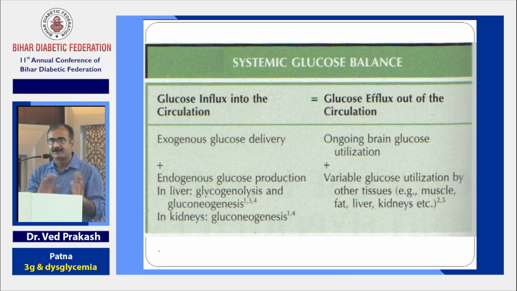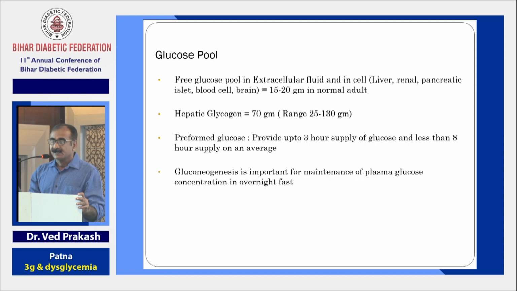So a tight balance exists in the human body to maintain glucose level within the normal range. Overall, if we see the free glucose pool in the body, in the extracellular fluid and in cells, only 15 to 20 gram of glucose is available.